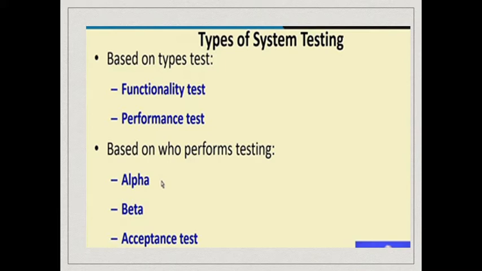There are three different types of system testing. The alpha testing is done by the developing organization. That means the testers in the developing organization. This is the type of system testing which is performed first, and after the system passes the alpha testing, beta testing is performed by a set of friendly customers or users.